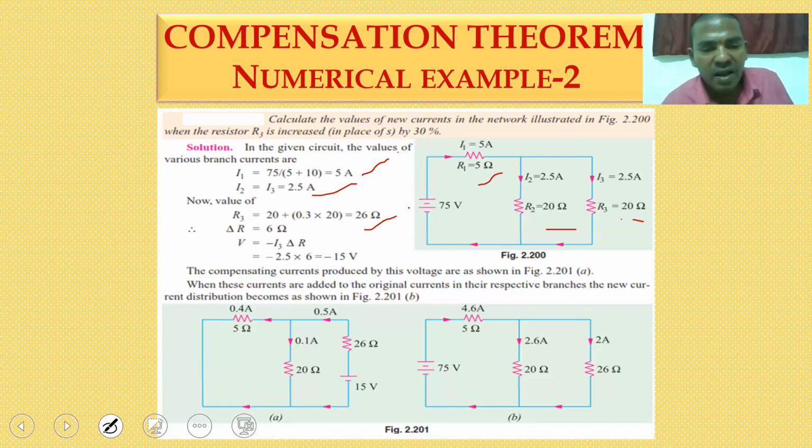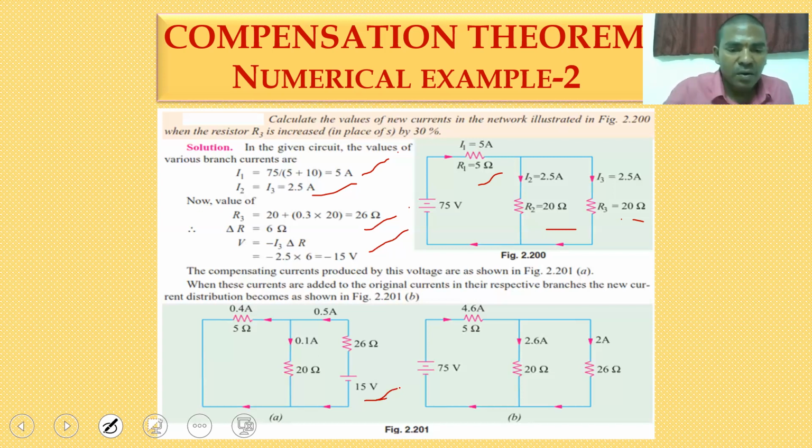Now the voltage is equal to minus I3 into delta R, so minus 2.5 into 6, which is minus 15 volts. This voltage you have to insert in the branch for the addition of 6 ohms.